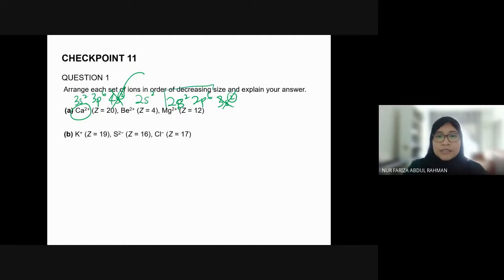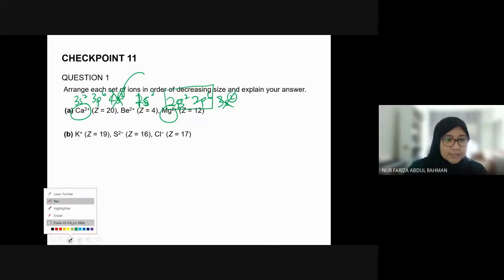So here is the highest n for magnesium 2 plus. Okay, this is the partial electron configuration for Mg2 plus. So as you can see, sorry guys, this is 1s2. Okay, it should be 1s2.